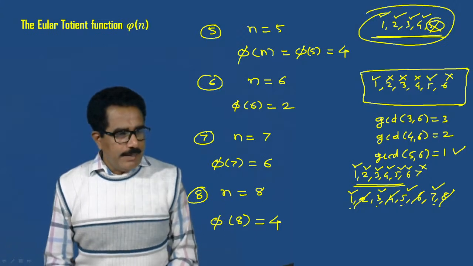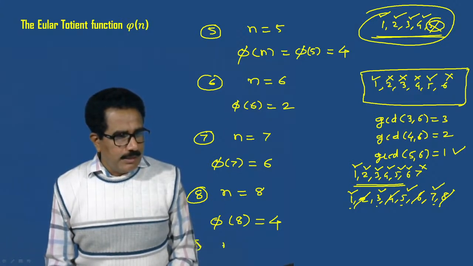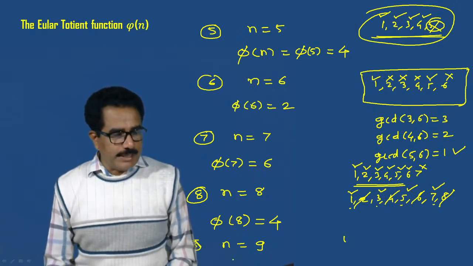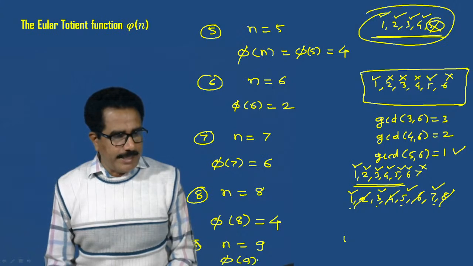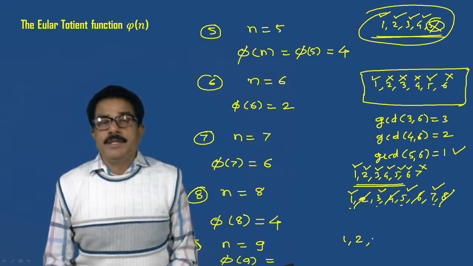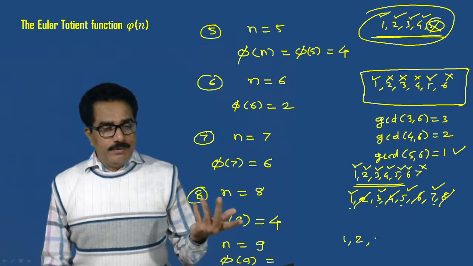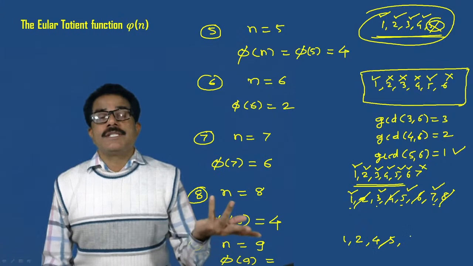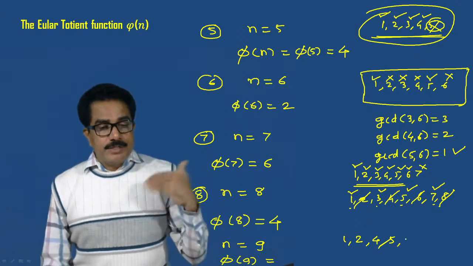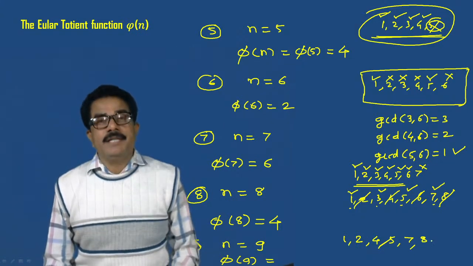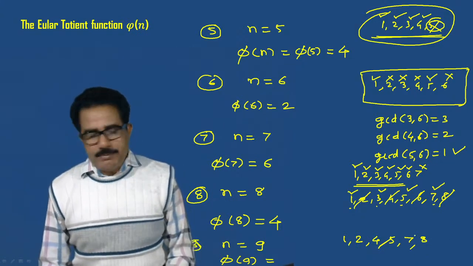Very good. Next, n is equal to 9. So 1, 2, 3, see how much it comes, students? 1 is relatively prime, 2 is relatively prime, 3 is not relatively prime, 4 is relatively prime, 5 is relatively prime, 6 is not relatively prime to 9, 7 is relatively prime to 9, 8 is relatively prime to 9, 9 is not relatively prime to 9.